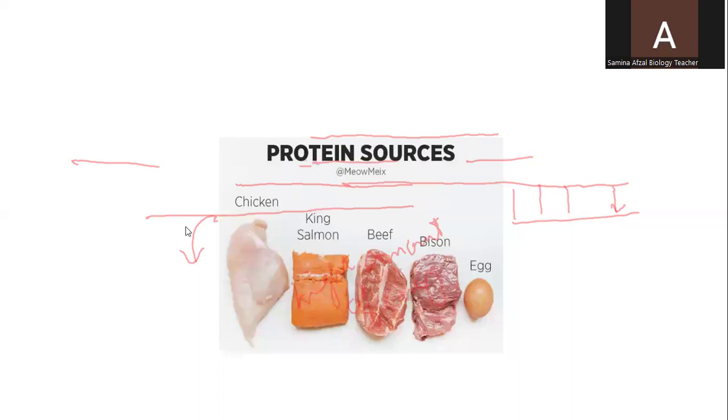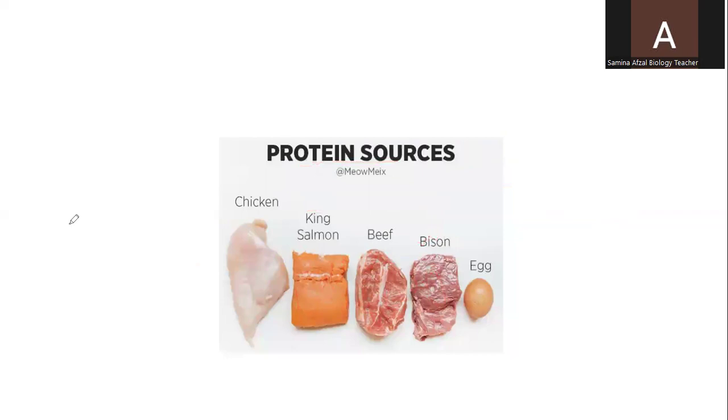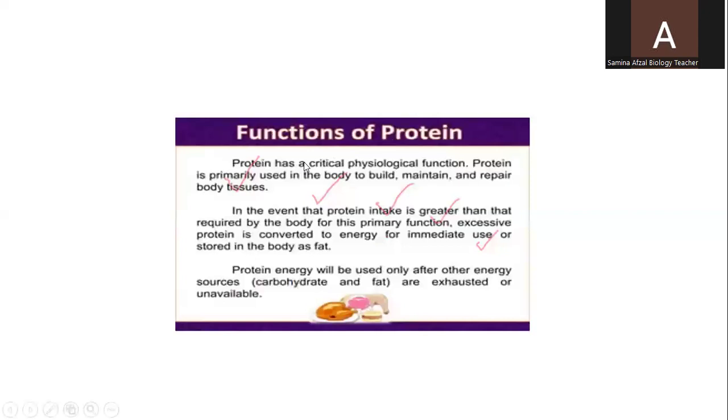The next nutrient is protein. It is obtained from chicken, king salmon, beef, bison, egg, and so many other sources; protein sources are from plants as well. Next, the dietary importance of proteins: you know, all hormones and all enzymes are protein in nature, so they perform different functions in the body.